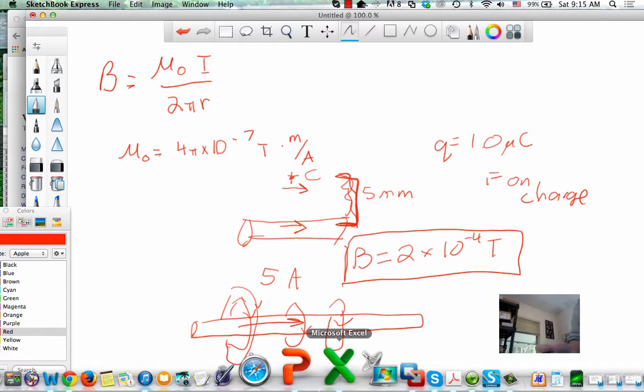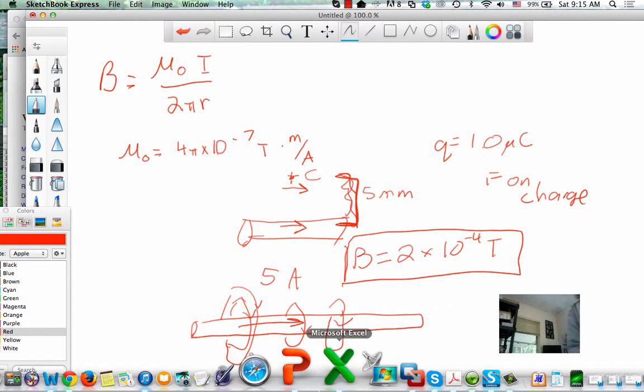You point your thumb in the direction of the current, and then your fingers will curl around the wire in the direction of the magnetic field. If you're trying to figure out the direction of the magnetic field at a particular point, you figure out what direction your fingers would be pointing at that point. In this example, if our thumb is pointing in the direction of the current, then at point C, which is above our wire right here, our fingers are coming out of the page.